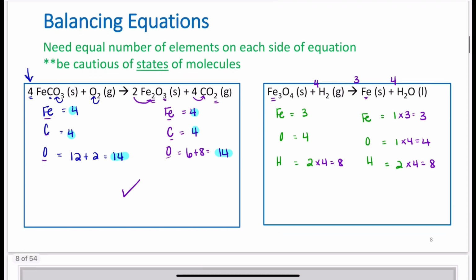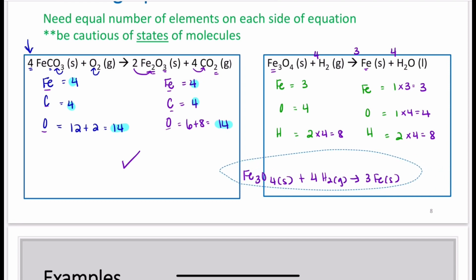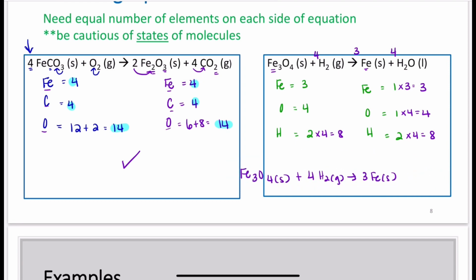So in the total of the balanced equation, I will have Fe3O4 solid, 4 H2 gas, giving me 3 moles of Fe solid. Now we're out of room. I apologize, I hate splitting things through the boxes, but I'm going to run out of room otherwise. Plus 4 H2O liquid.